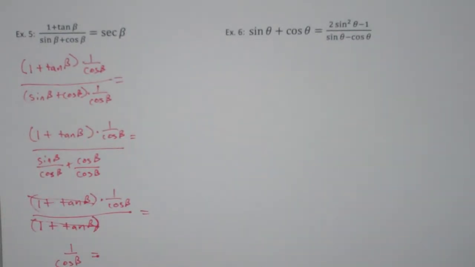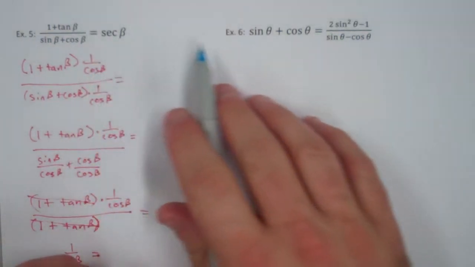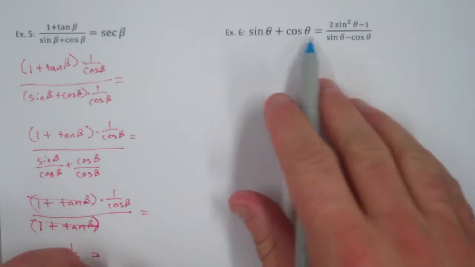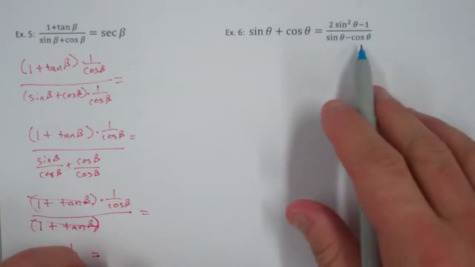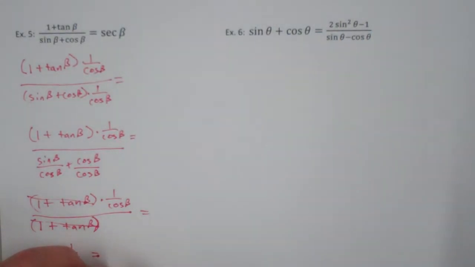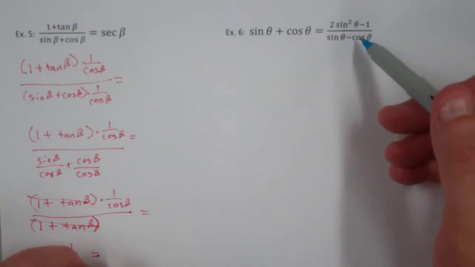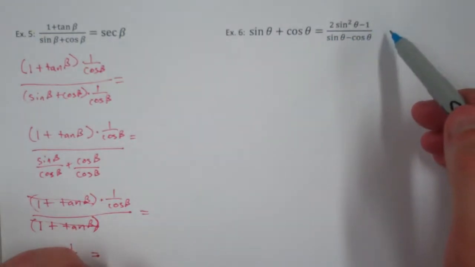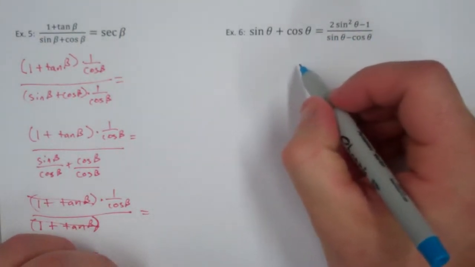Let's see if there's something we might be able to do with this one to help us out. So I think what I'm going to try to do here is use this strategy of looking at the left-hand side, seeing if I can multiply that out. Right now, this is not making sense to me. I don't know what I can do. It's already in sine and cosine. It's probably the most complicated side. Let's just multiply this top by sine theta plus cosine theta, and the bottom by the same thing.